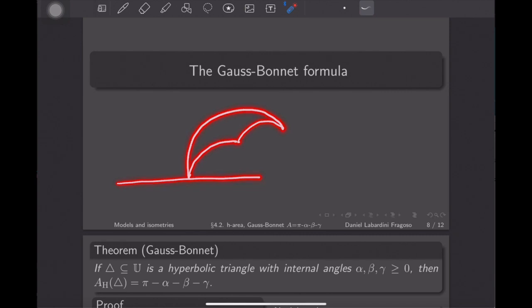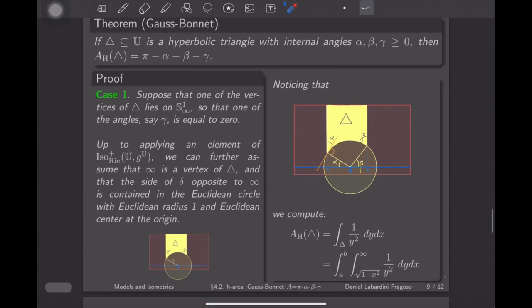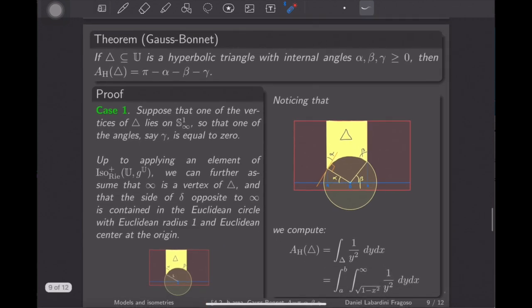But then, up to applying a Mobius transformation, I can send this one to infinity in C bar, without changing the value of the hyperbolic area of the triangle, because of the first theorem we proved today.